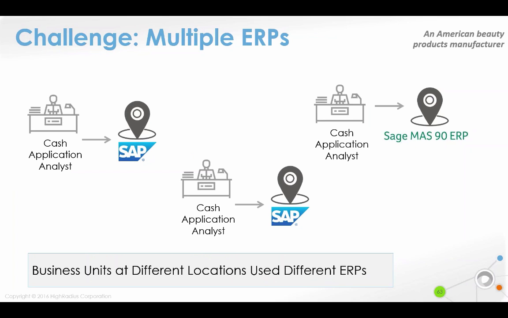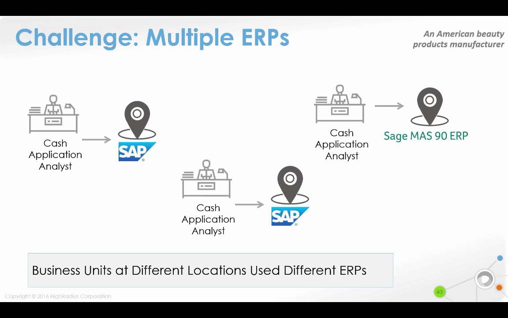So they had different ERPs at their different locations. They had locations in Canada, Puerto Rico, and the United States. And each one of these had a different SAP, or they had the Sage MAS 90 ERP. So all these different business units, even though they were on SAP, were not even the same version.